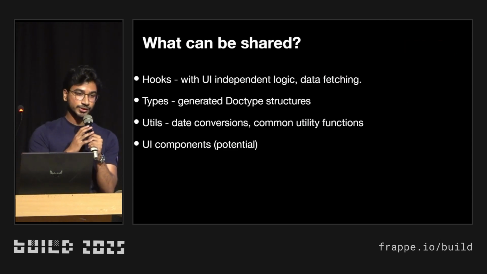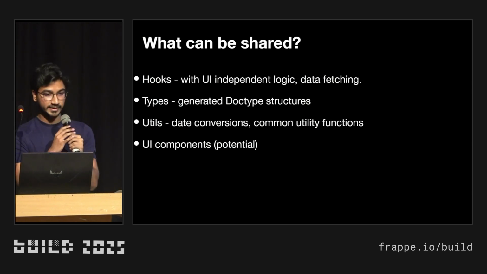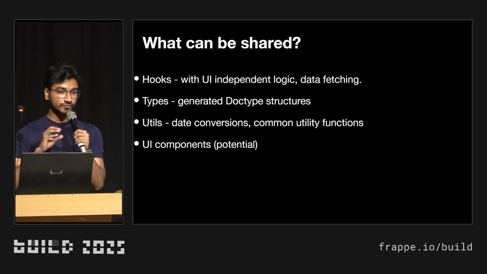So that brought up the question, if we are setting up a monorepo, what part of the code can be shared between web and mobile? As we are using React and React Native, most of the UI-independent logic hooks, which are basically used for data fetching, can be shared since the data fetching logic is the same.